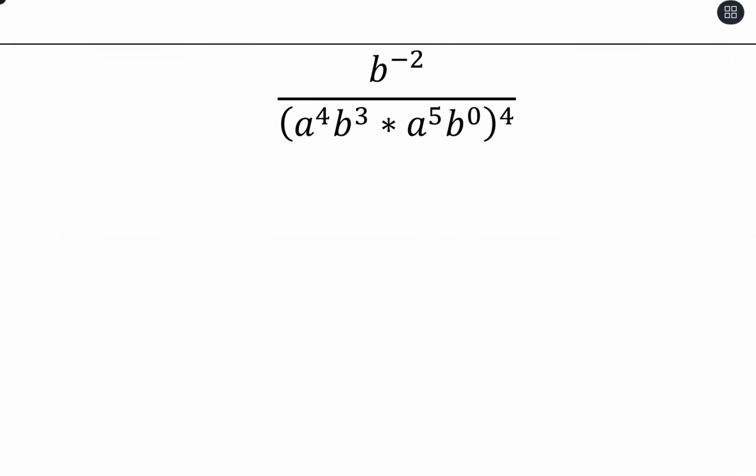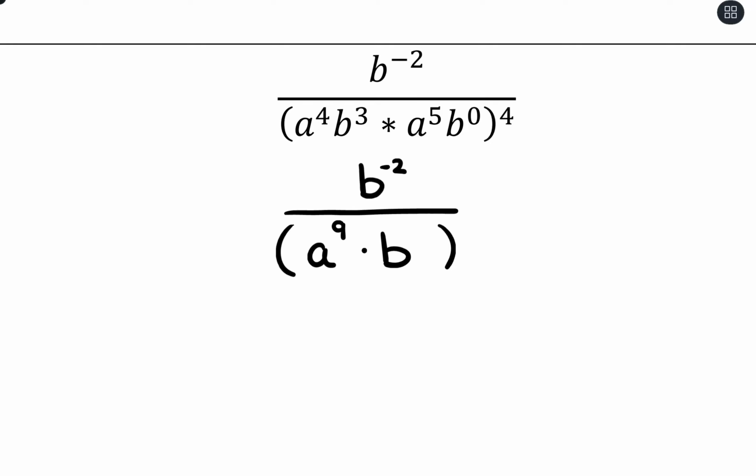Okay, let's see what's going on in those parentheses in the denominator. So I'm going to have b to the negative 2 in the numerator over, and then in these parentheses I have a to the 4th times a to the 5th. So I could add those exponents for a to the 9th from that 4 plus 5, times b to the 3 plus 0, which is just going to be b cubed, raised to a power of 4.